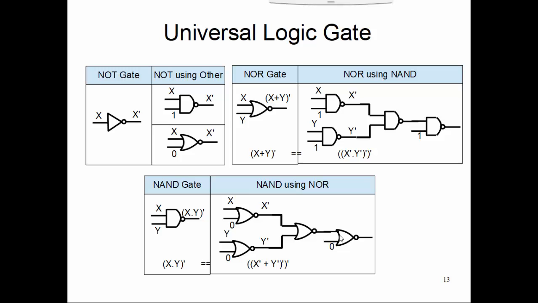So if I have only NOR type of gate, then I can also implement any logic in the whole world. That's why NAND and NOR are called universal logic gates, because you need only one type of electronic component, either NAND or NOR, to implement any Boolean function, whatever a human can think. So that's a universal logic gate.